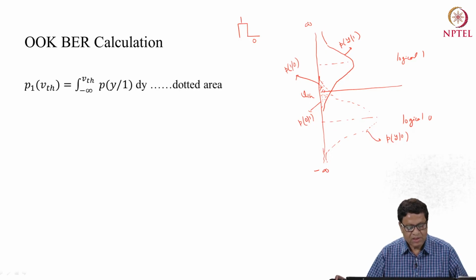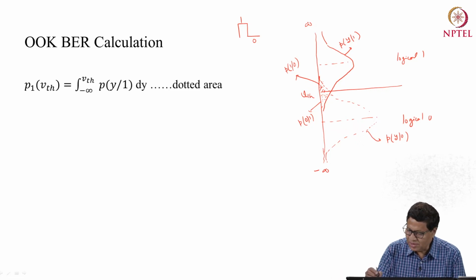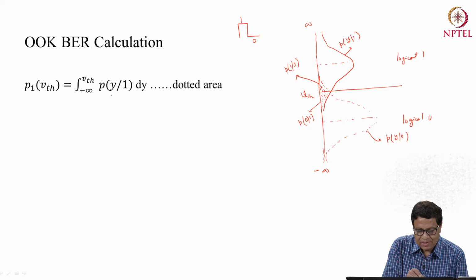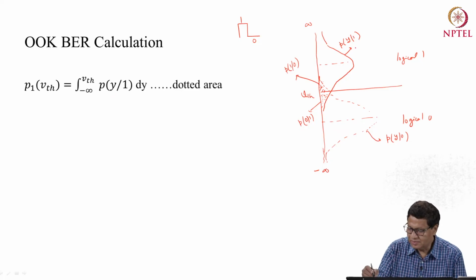The probability that there is an error is given by this dotted area here. This is p(y|1), the probability of the received signal when 1 was transmitted, and the limits are from minus infinity, because this extends to minus infinity.